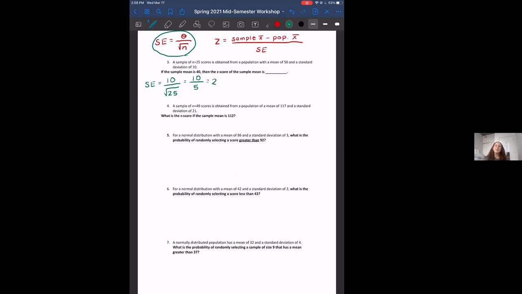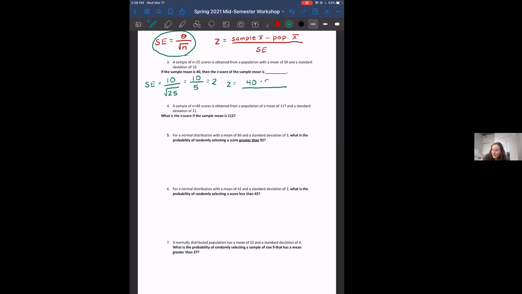Now we have to plug everything we know into the z equation. Can anyone tell me what the sample mean is? What number do they give us in the question that is our sample mean? 40, yes, thank you. So 40 minus, now what's the population mean? 50, yes, thank you.